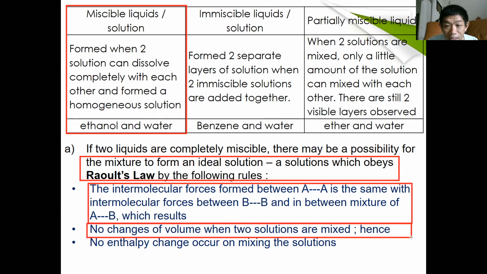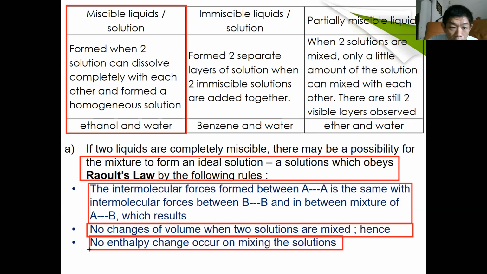It means that when you mix A 50 cm³ and B 50 cm³, the total volume of the solution will be exactly 100 cm³. And then number three, no enthalpy change of mixing. In other words, there shall be no heat absorbed or released when you mix these two solutions together. So these are the three postulates for the application of Raoult's law.